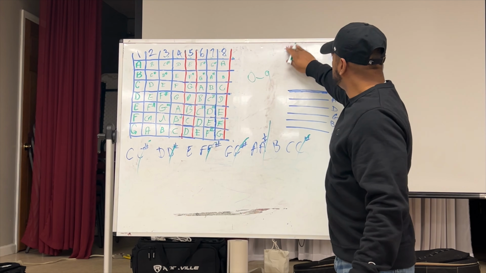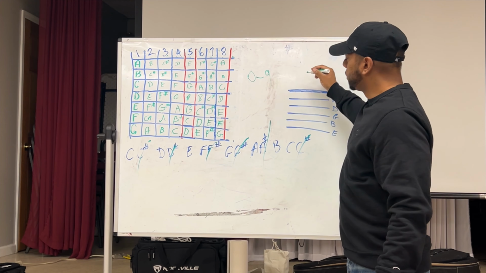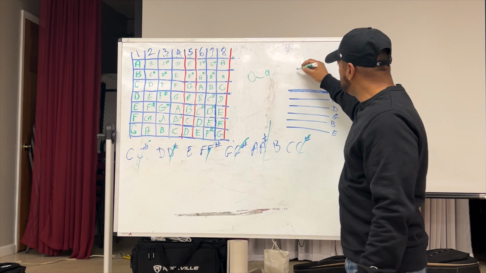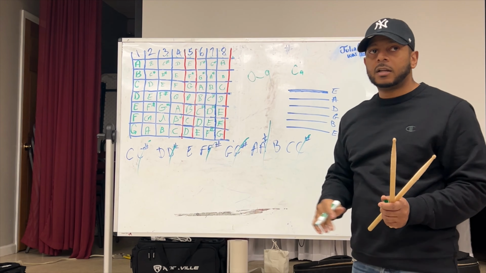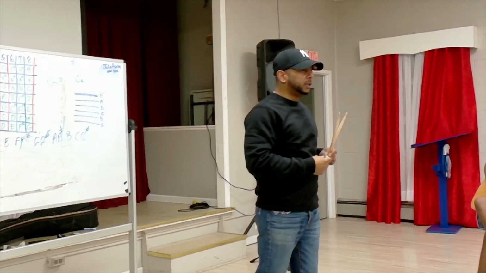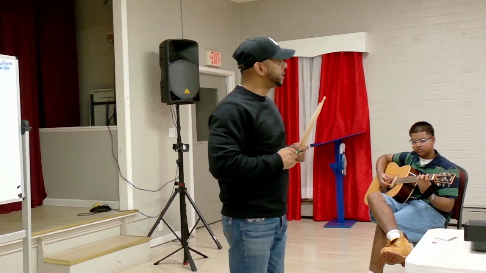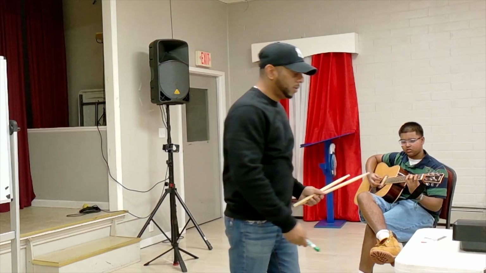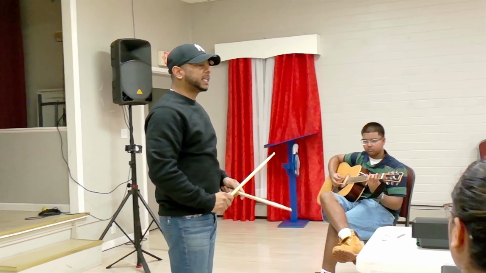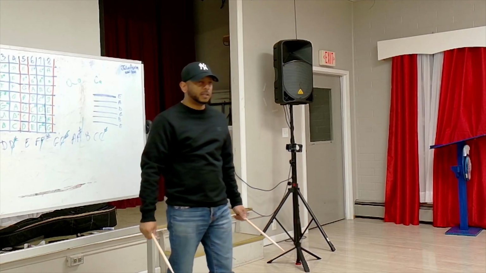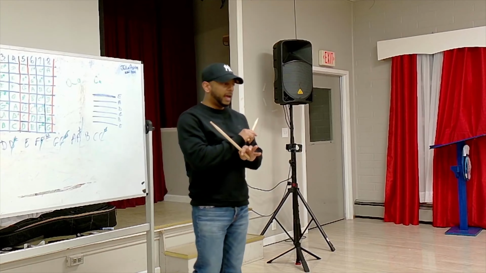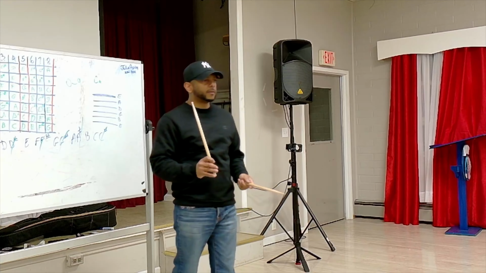C for 4 beats. Everybody's on the key of C for 4 beats. That's it. After 4 beats, what are you gonna do? You're gonna stop, okay? You're not gonna start before I start counting. You're not gonna continue after 4 is done. 4, and that's it. Ready?